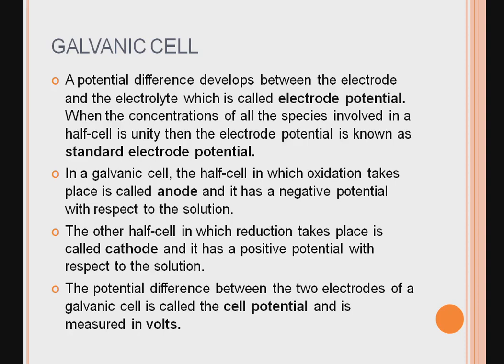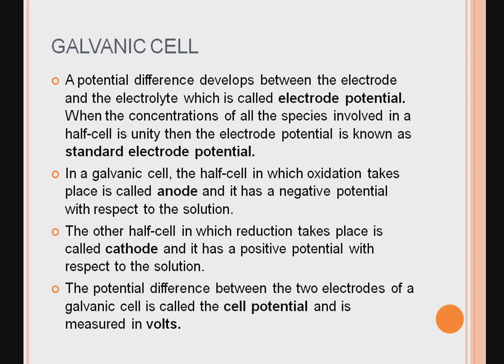Means there is a tendency of two opposite reactions. Thus, a potential difference develops between the electrode and the electrolyte. This is called electrode potential. When the concentration of all the species involved in the half cell is unity, then the electrode potential is known as standard electrode potential.